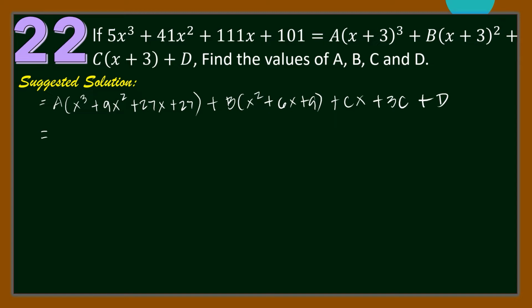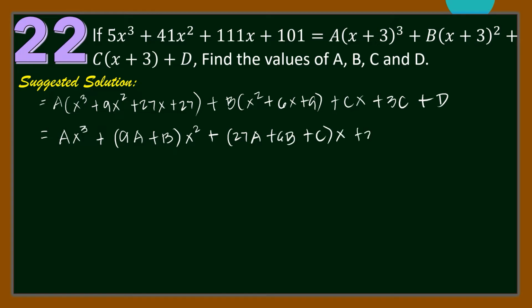We have ax^3 + (9a + b)x^2 + (27a + 6b + c)x + (27a + 9b + 3c + d).